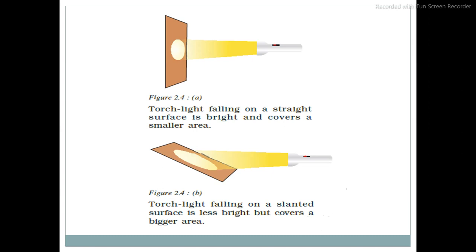When it is in a standing position, it covers a small area. In figure 2.4b, torch light falling on a slanted surface is less bright but covers a bigger area. It's slanting, it's standing.